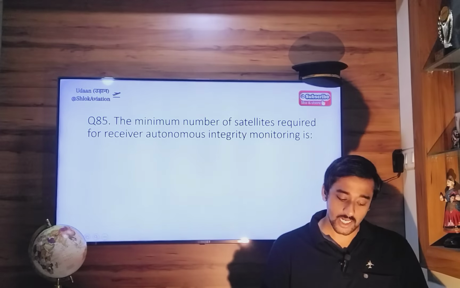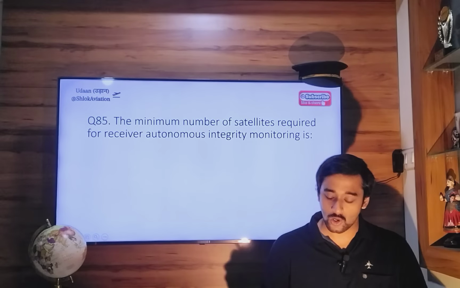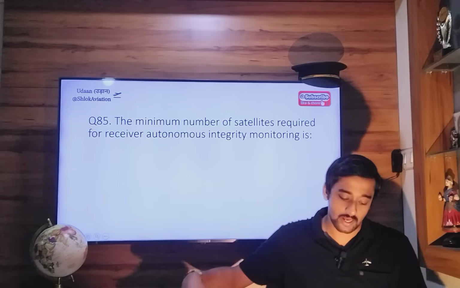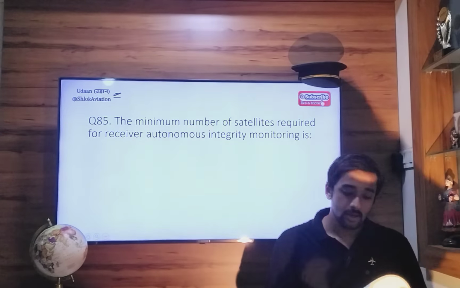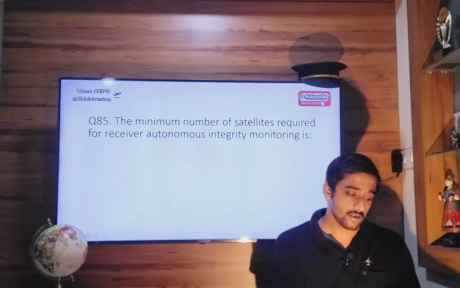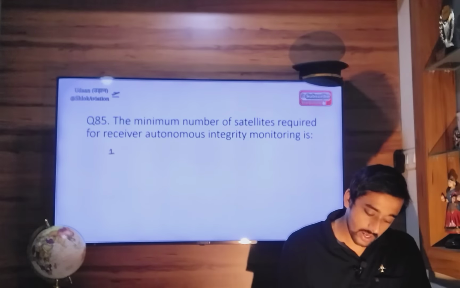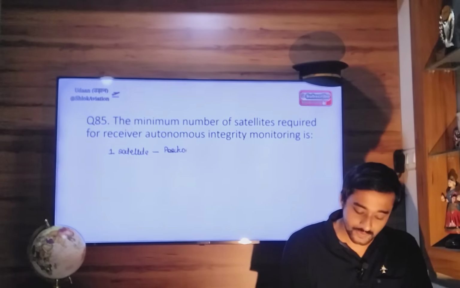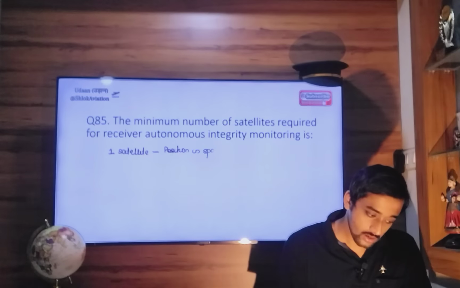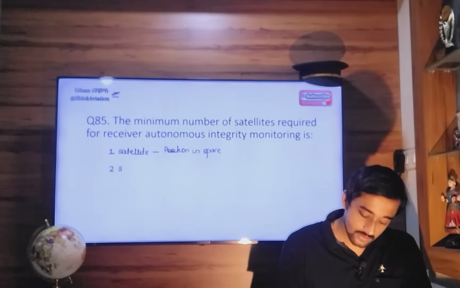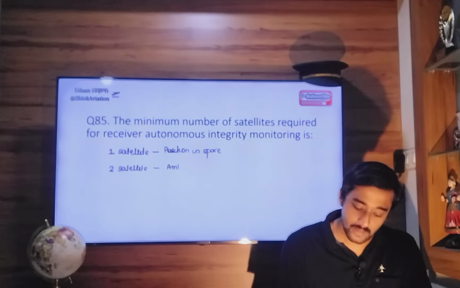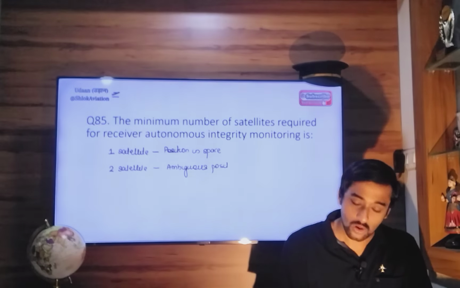The minimum number of satellites required for receiver autonomous integrity monitoring is how many? So remember, one satellite is required for position in space. Second satellite to have an ambiguous position on the earth.